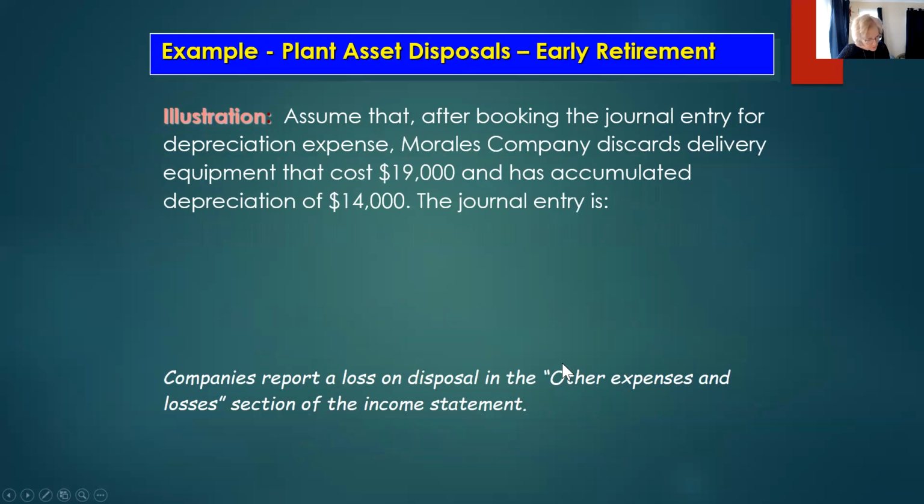All right. So now we're at the top of page 37. And now we're going to do an early retirement. Assume that after booking the journal entry for depreciation expense, Morales Company discards delivery equipment with an original cost of 19,000.